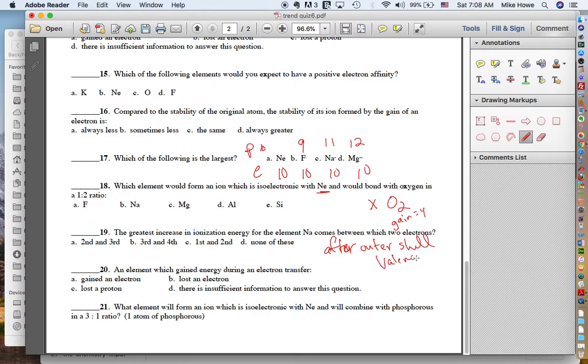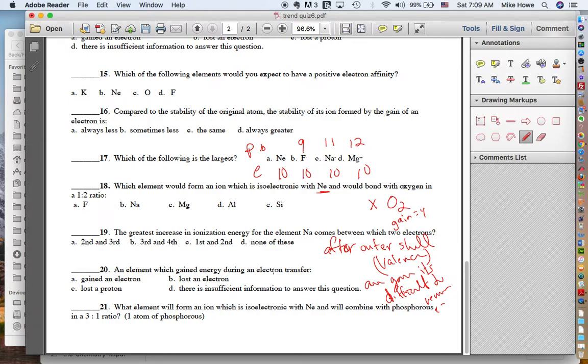Valence. Electrons are gone. It is difficult to remove electrons. All right. So think about how many come off easily.